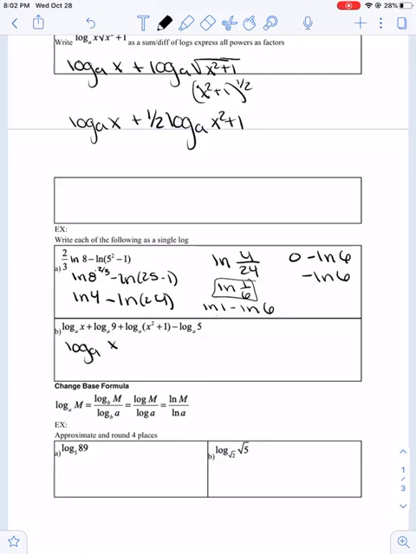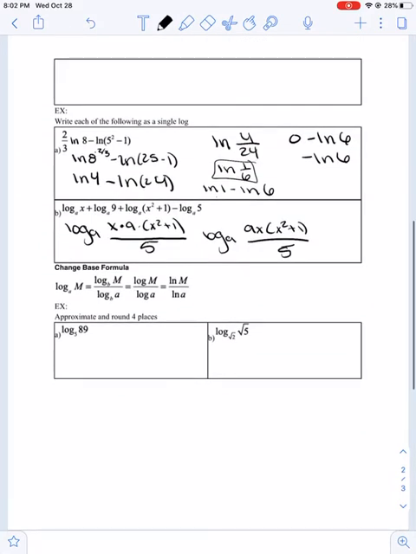So log base a of x times 9 times x squared plus 1, and then we have that minus 5, so all over 5. Then I'm going to make this look nicer by doing x times 9. So I have log base a of 9x times x squared plus 1 over 5, and then I'm going to leave it like that.